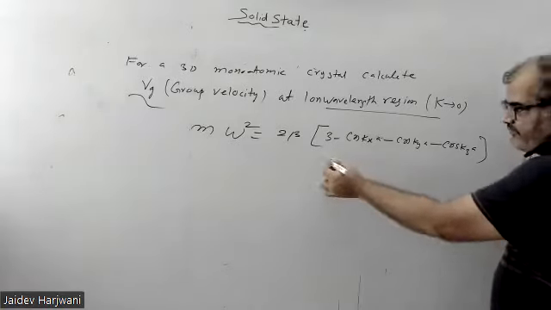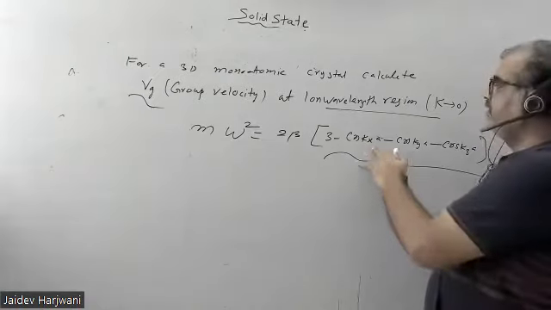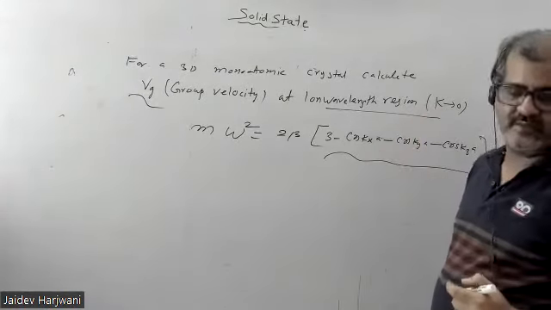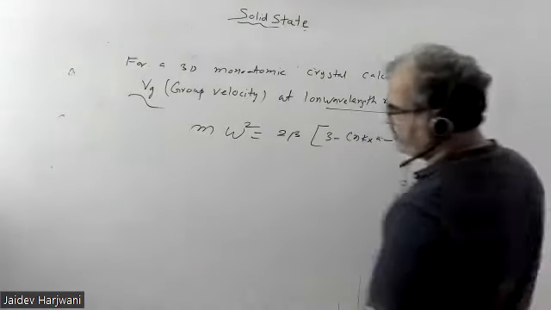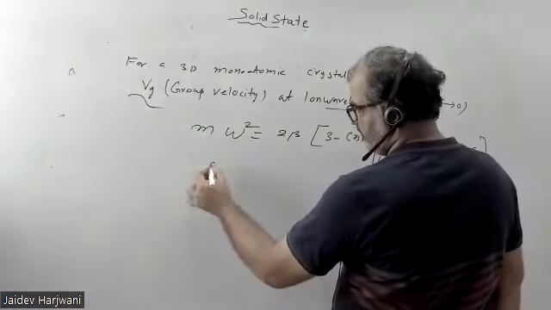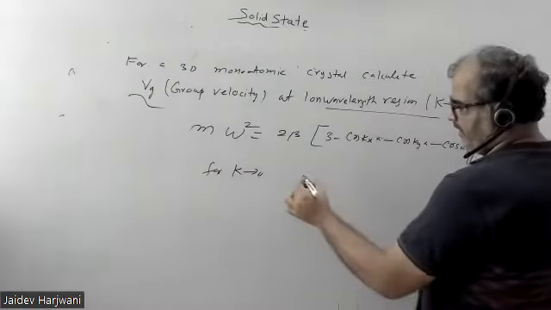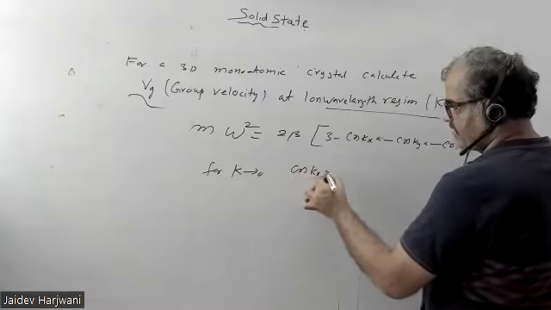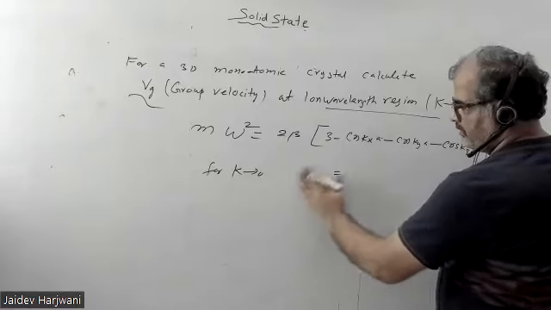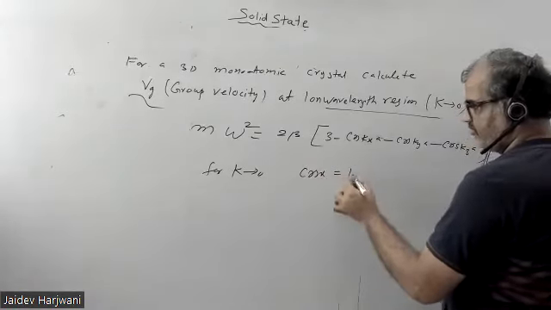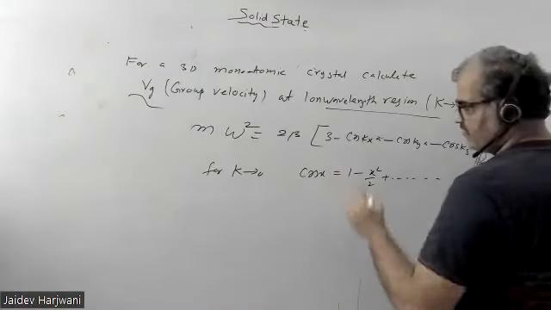Now this kind of expression can only be simplified when we have the k tends to 0 limit. So if I want to calculate the group velocity, for k tends to 0, I can write cos x equal to 1 minus x square by 2, if x is very small.